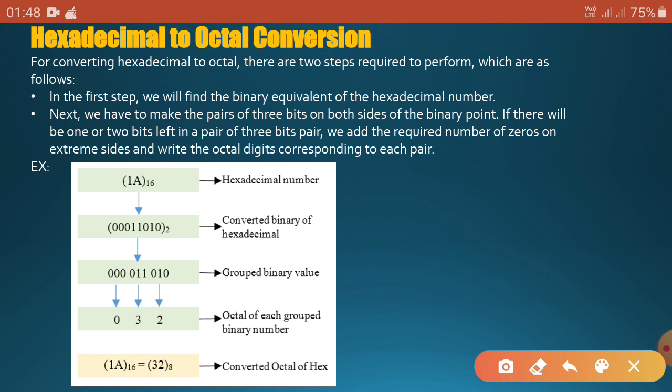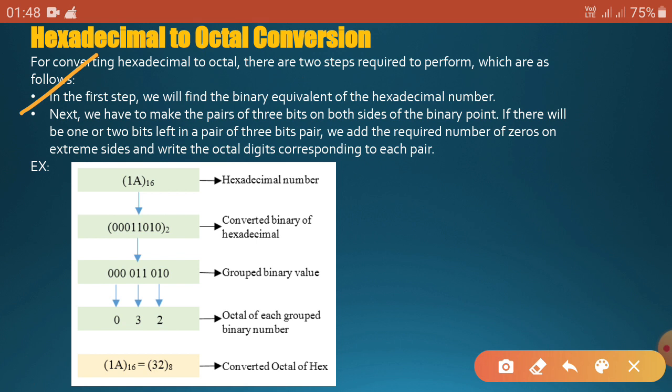Now the part is hexadecimal to octal conversion. For converting hexadecimal to octal, there are 2 steps. First, we find the binary equivalent of the hexadecimal number, and next we make groups of 3 bits on both sides of the binary point.